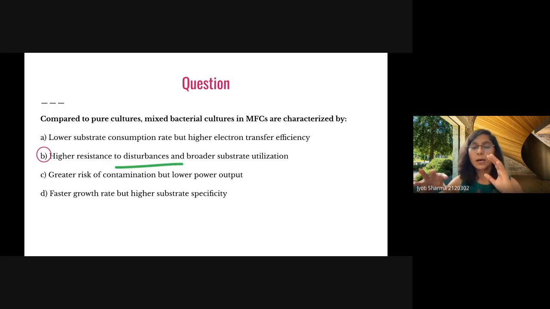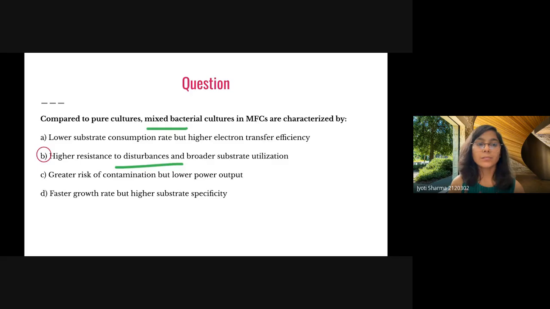So it means one will have a lot of options to eat. For example, if it is a deer, and we have a variety of grasses, then obviously it will be broader substrate utilization. So this is the advantage of mixed bacterial culture. That's how B is the right answer.